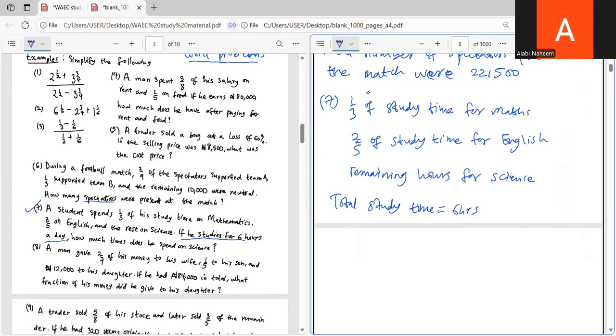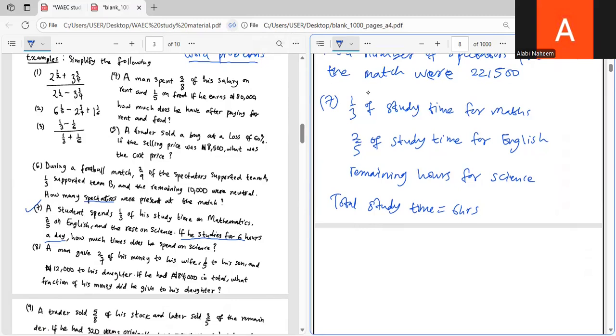We want to know how many hours he spent on science. The first thing is to find the number of hours he spent on mathematics and English, since he studies just 3 subjects: mathematics, English, and science. If we know the hours for math and English, we can deduct that from the total study time.